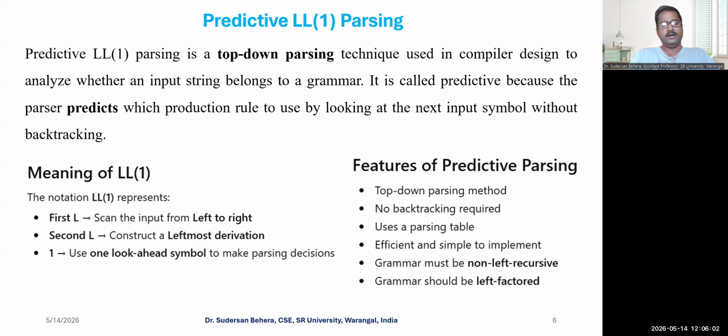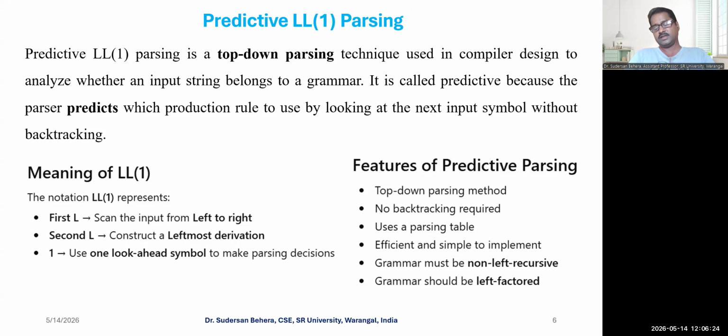And 1 means it uses one lookahead symbol to make the parsing decision. One means at a time it scans one input symbol, and it looks at only one input symbol as the next symbol in order to complete the task. By seeing that symbol, it predicts what will be the right production.